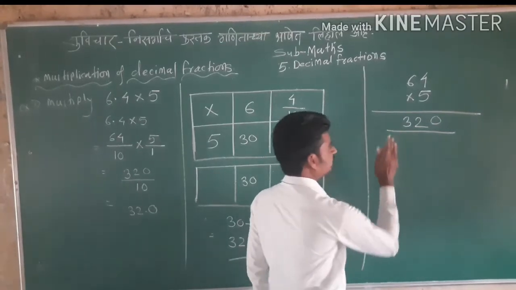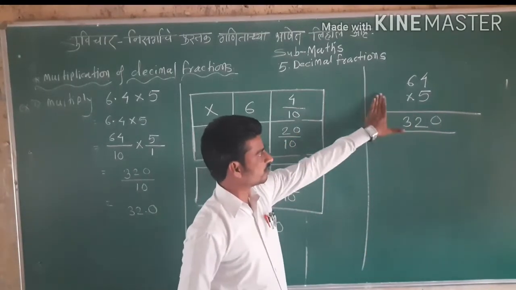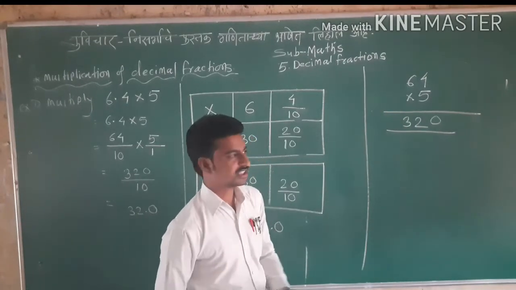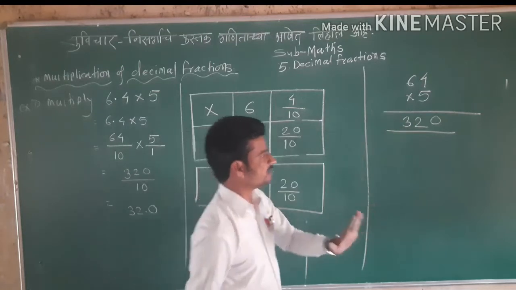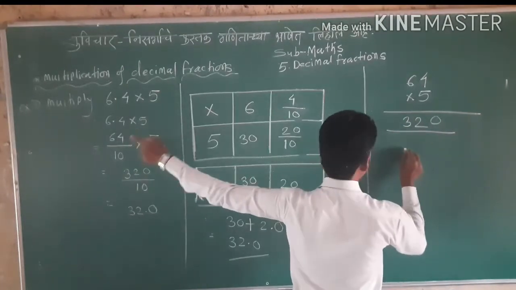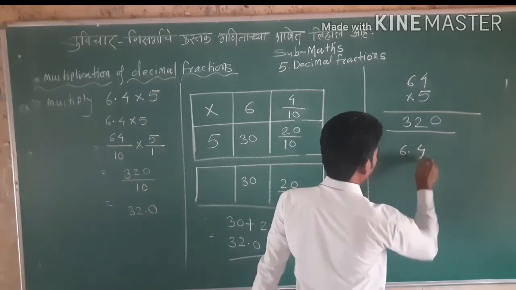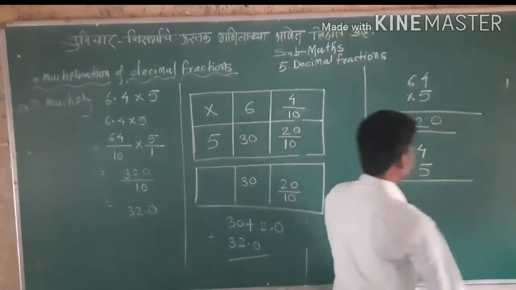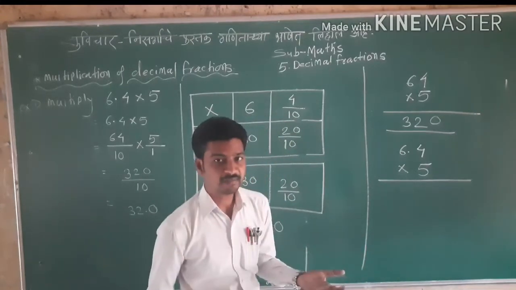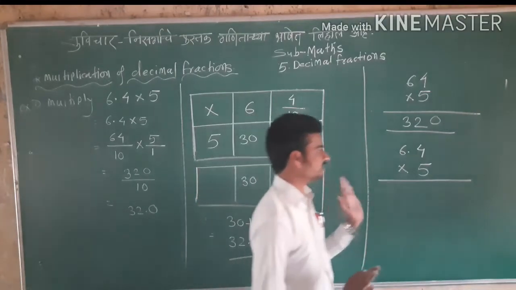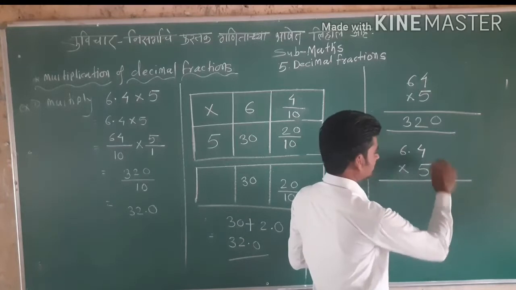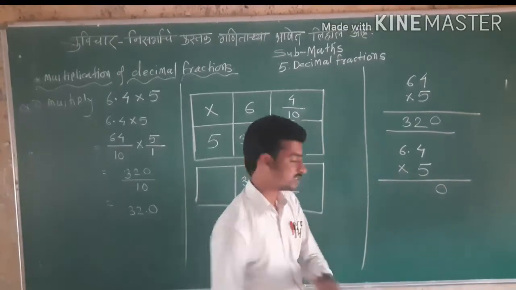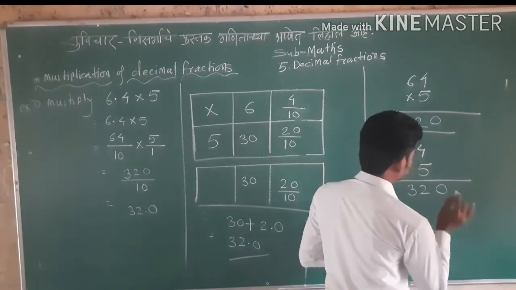In the same way as we do the multiplication operation in this example, 6.4 into 5, ignore the decimal point and multiply. 5 4s are 20, carry over 2. 5 into 6, 30 plus 2, 32.